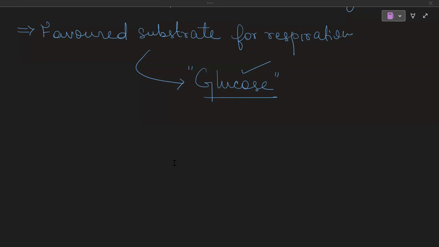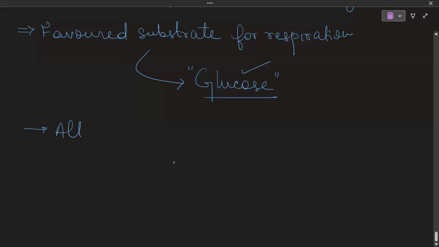Respiration has to happen, then only we get the energy. So all the carbohydrates first have to be converted into glucose, and only then can they undergo respiration, because glucose is the most favored substrate for respiration. Is this line clear?